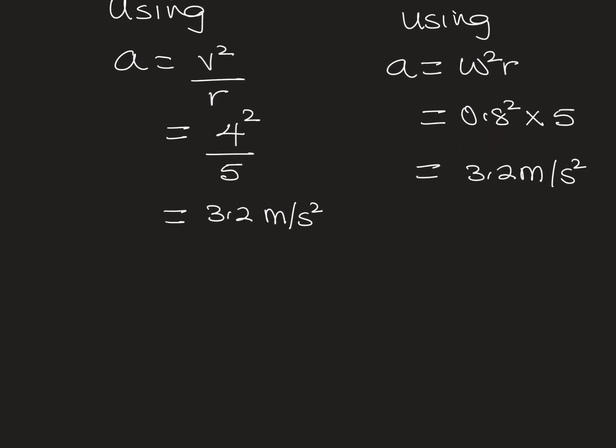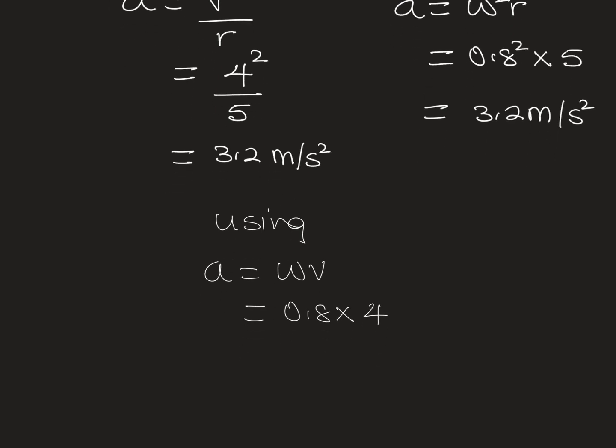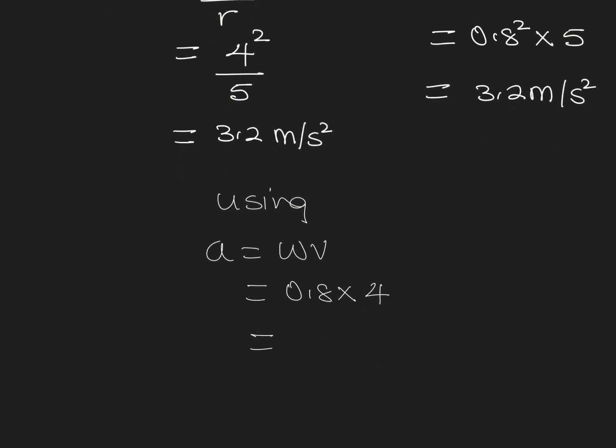Or using the simplest, acceleration is equal to omega multiplied by v. The angular velocity is 0.8 multiplied by the linear velocity, 4. So 0.8 multiplied by 4, you will directly have 3.2 meters per second squared.